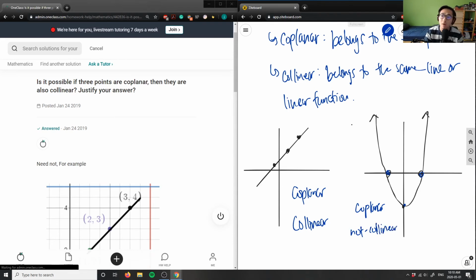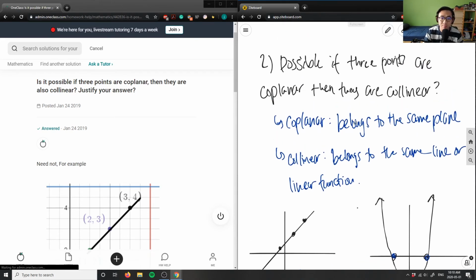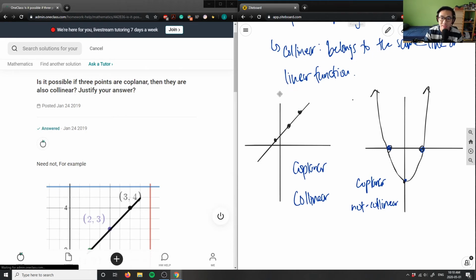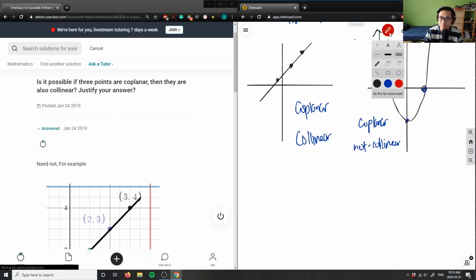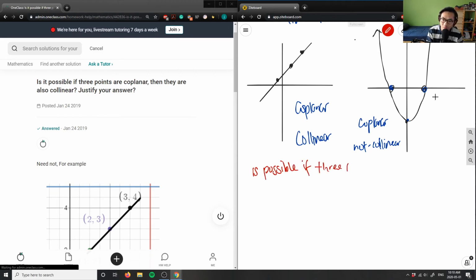So therefore, we can say that is it possible that if 3 points are coplanar, then they are also collinear? It is possible, but not always the case. So our answer here is that it is possible if the 3 points belong to the line, the linear function.